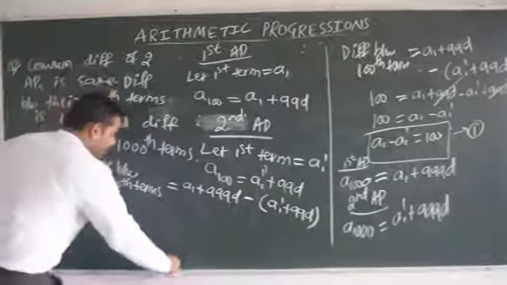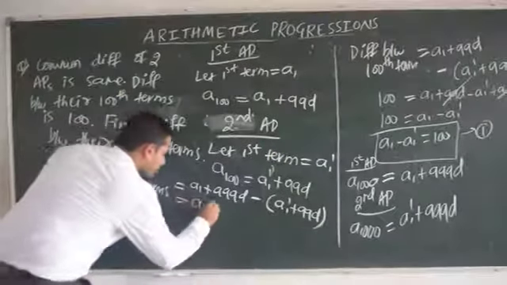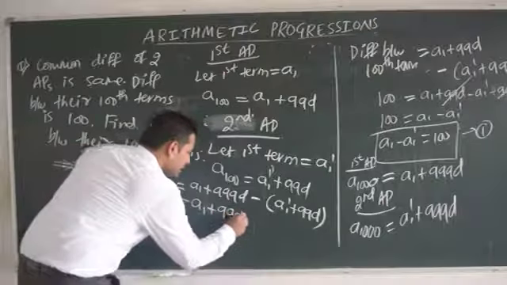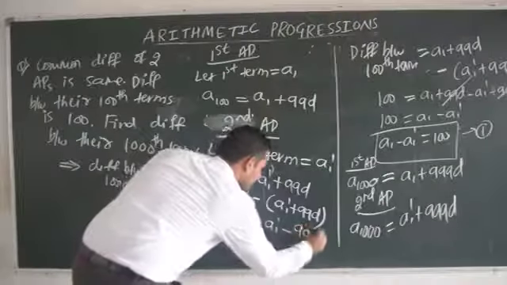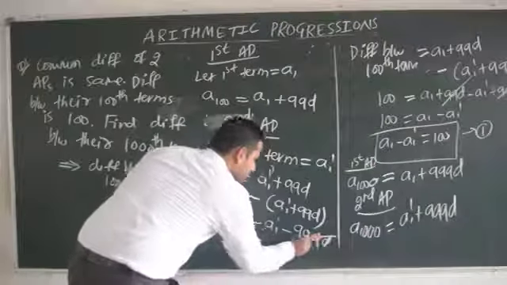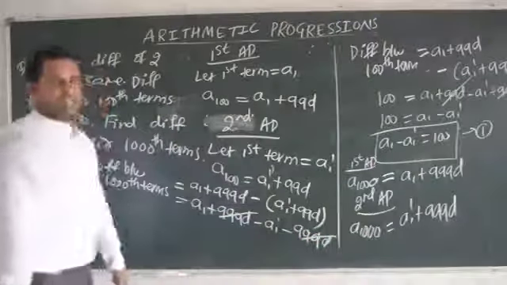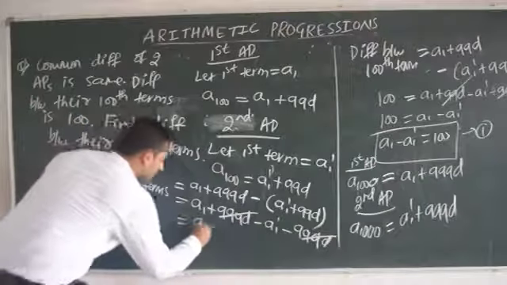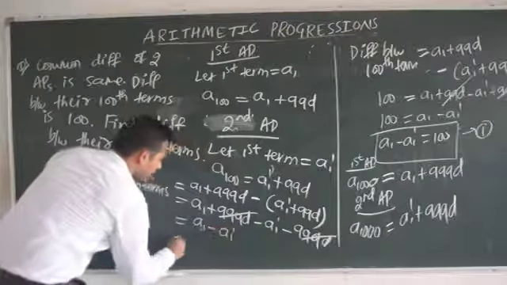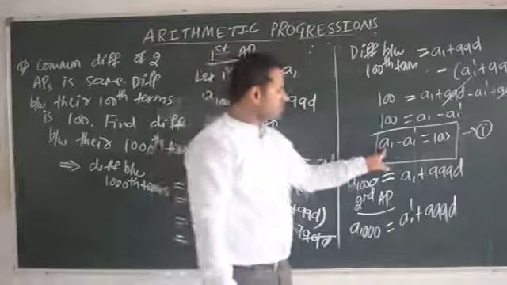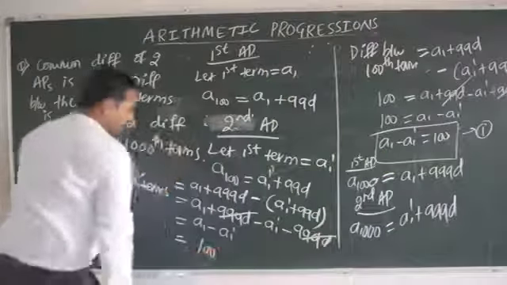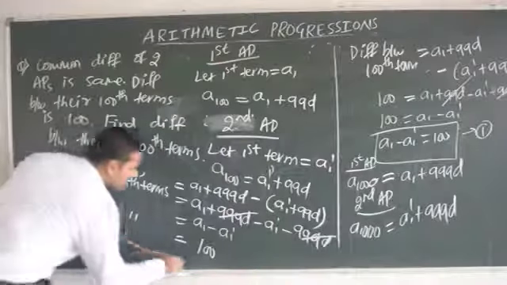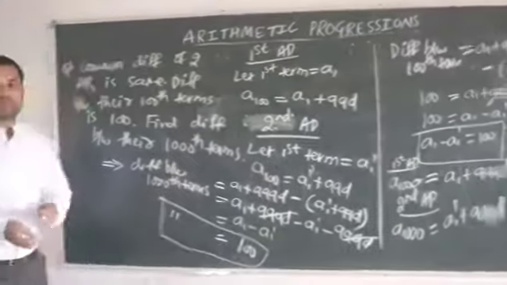Next, I write it as a1 plus 999d minus a1 dash minus 999d. So this 999d and this 999d will get cancelled. So I get a1 minus a1 dash, and that is 100. So the difference between the 1000th terms will be 100.